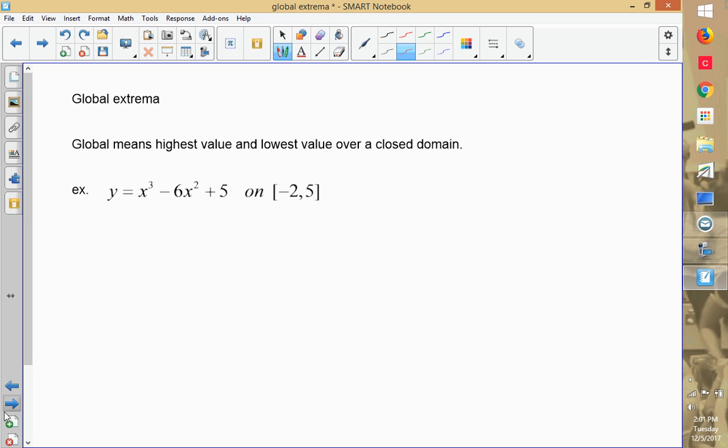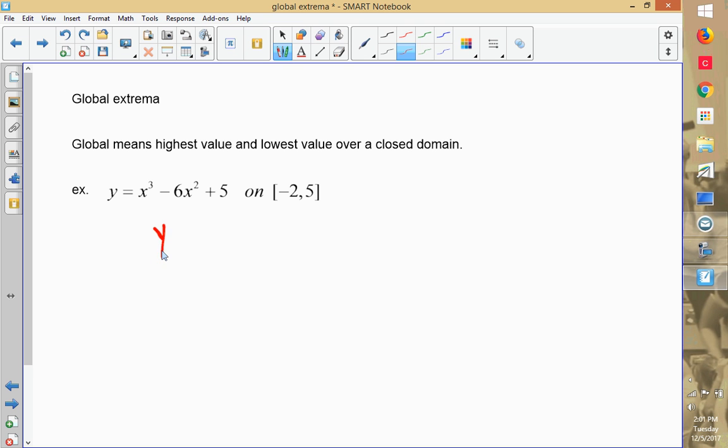So the type of example that we are going to see is just: find the global extrema. I have an example up here on the board. Basically, we could have a global max or min at -2, one endpoint, at 5, another endpoint, or at any stationary points or critical numbers in the problem.